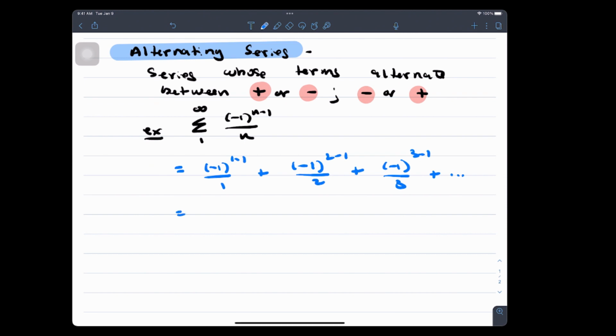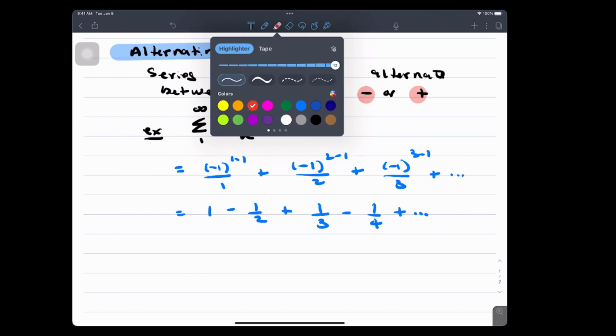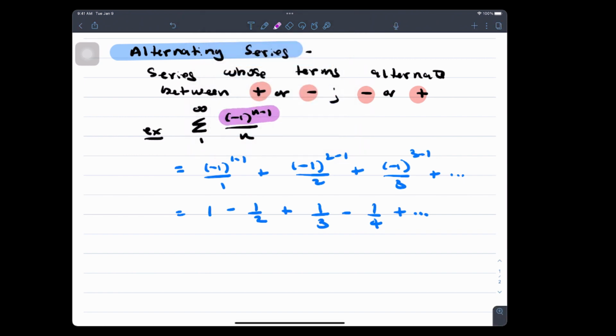You're going to get 1 minus 1/2 plus 1/3 minus 1/4 plus. So those are the alternating terms there. They alternate between plus or minus or plus. What I call this portion here, that's like the alternating mechanism.